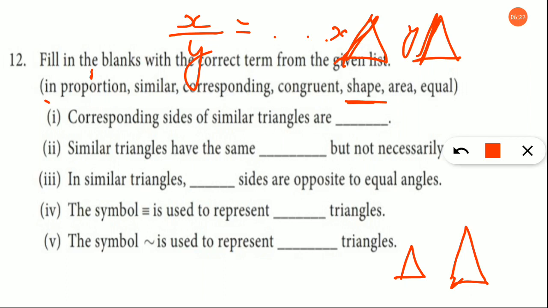In similar triangles, equal sides are opposite to equal angles. This line we proved in a sum also, day before yesterday, I think, that last sum we used this line and proved. The symbol with three lines is used to represent congruent triangles. Okay, the symbol tilde is used to represent dash triangles, similar triangles.